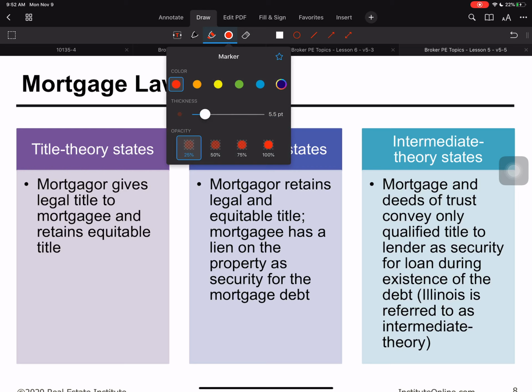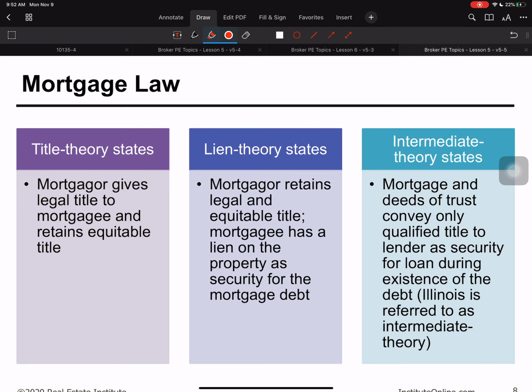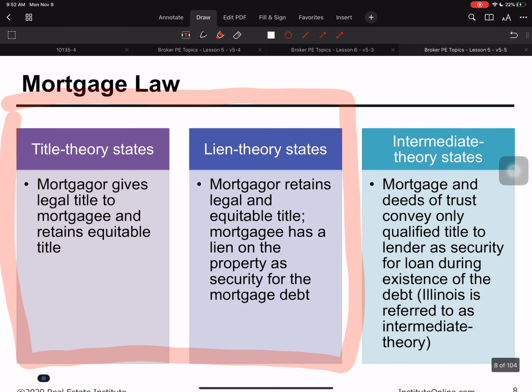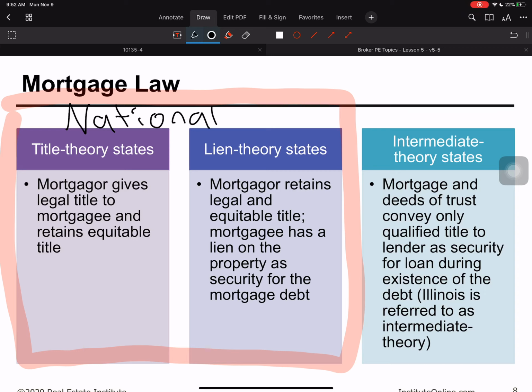With mortgage law, we have different types of theory states. For the national exam, we have different types of states: a title theory state and a lien theory state.